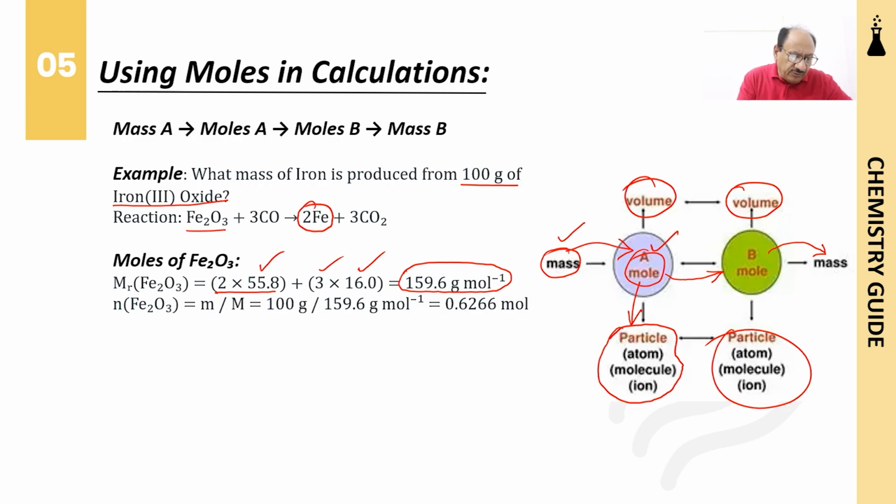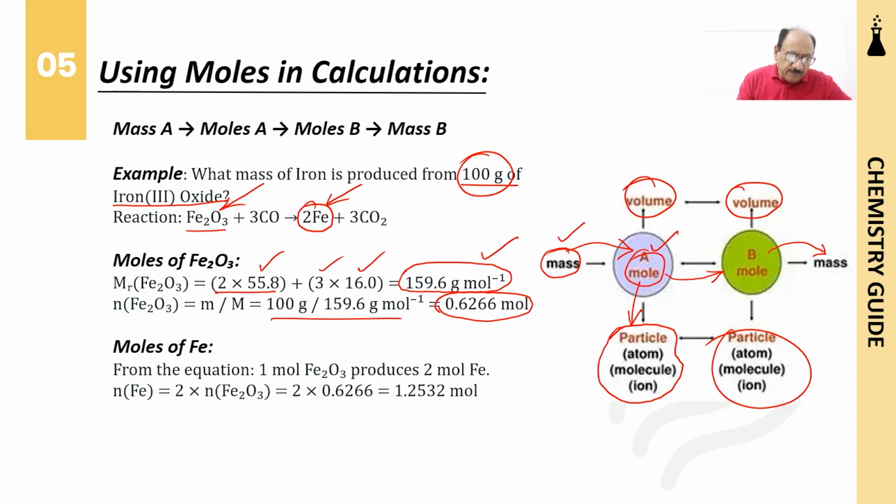Then we can convert this mass to number of moles. The given mass, which is 100, will be divided by 159.6, which is the molar mass, and we'll get the number of moles, 0.6266. So we know that 1 mole of iron 3 oxide is producing 2 moles of iron. So this ratio we will be using.